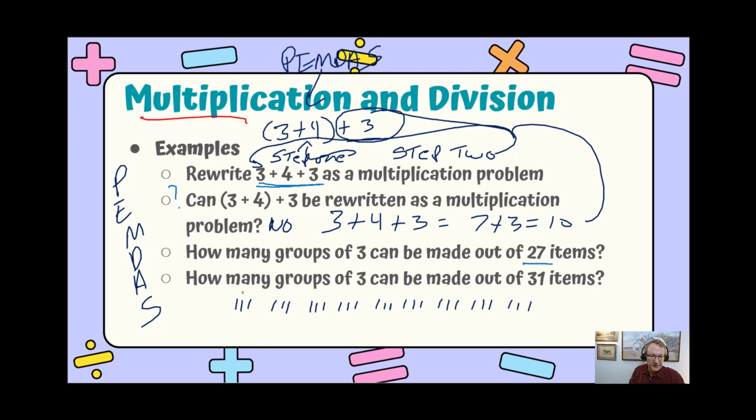And see, we got, count them, 3, 6, 9, 12, 15, 18, 21, 24, 27. So we have groups of little hash marks. We have 1, 2, 3, 4, 5, 6, 7, 8, 9. So we can get 9 groups out of 27.